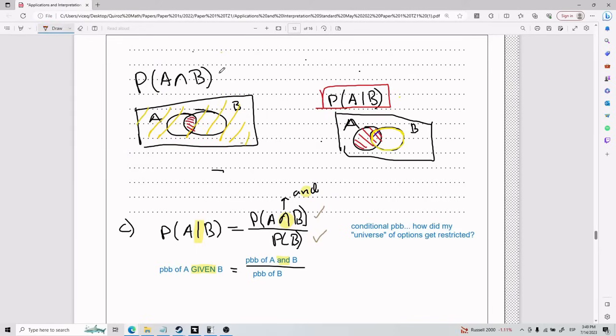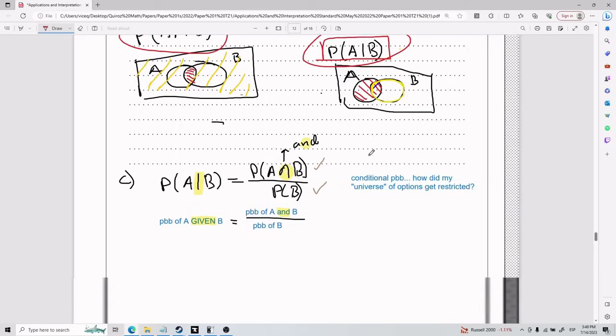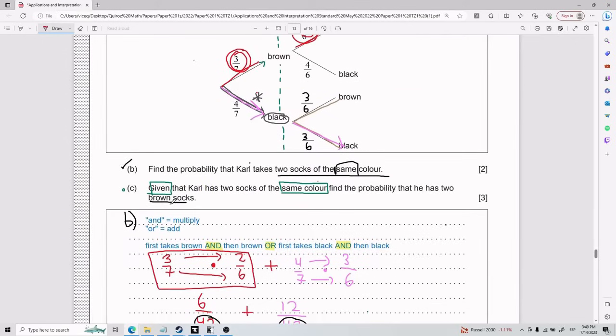And so here is without conditional probability, here is with conditional probability. See? The universe you're picking from, what I drew in yellow, gets restricted. So what am I restricting here? Well, here it says, given that Carl has two socks of the same color, so A and B is going to be same color, find the probability that he has two brown socks.